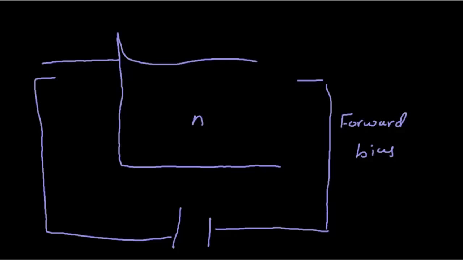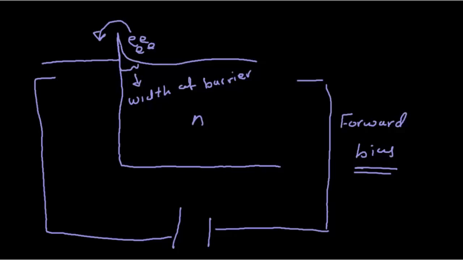If I connect it in forward bias, what will happen is the electrons, and here this is the width of the barrier. So we reduce the width of the barrier and we connect it to forward bias. What will happen is we will have here a thermionic emission, and at the same time, because there are also some vacant states here, some tunneling will happen also.